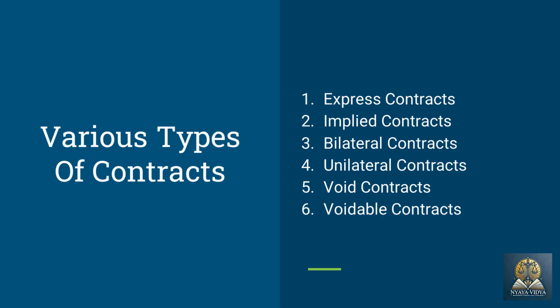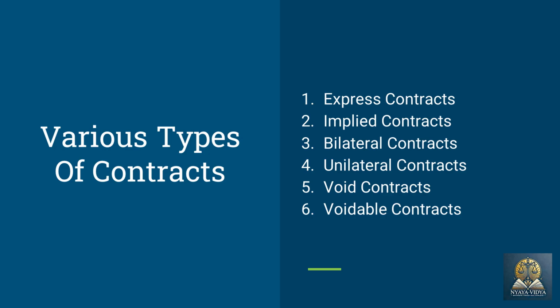The fourth one is unilateral contracts. I'll give you an example. Just assume a person lost his pet. He announced in the newspaper, whoever brings my pet back, I'll give them 1,000 rupees. Now, assume a random person found the pet, delivers it back to the original owner, and receives 1,000 rupees.